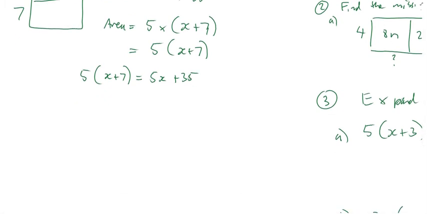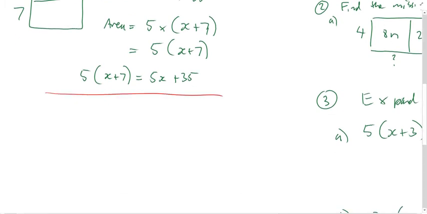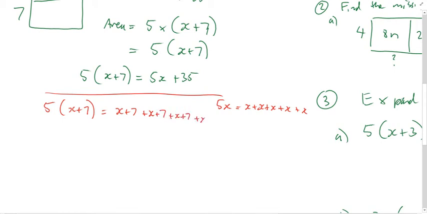And actually, if I investigated that a little bit further, if I've got 5 lots of x plus 7, well, let's have a look. 5x is really x plus x plus x plus x plus x. And so 5 lots of x plus 7 is really x plus 7 plus x plus 7 plus x plus 7 plus x plus 7 plus x plus 7.